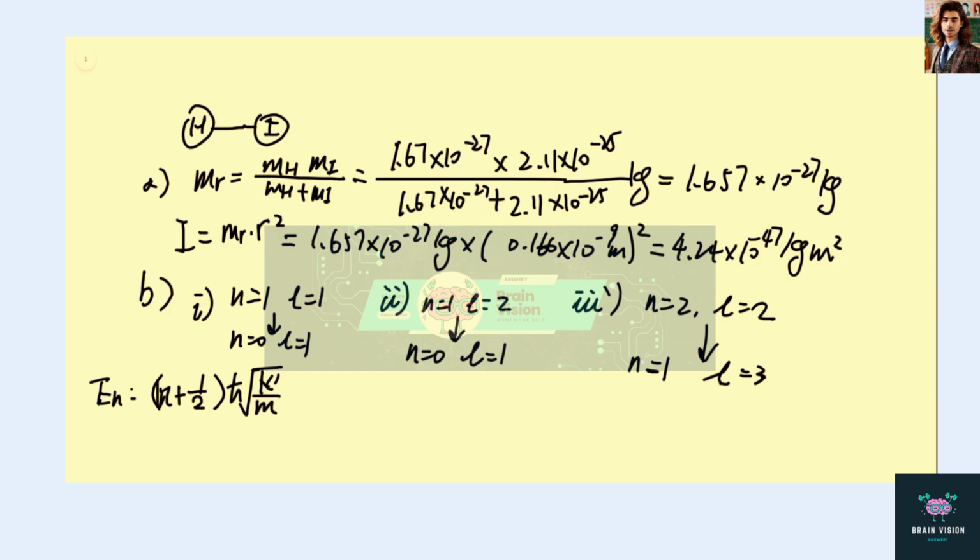Here we do not know what that is, but the square root of k prime over m is just omega. So it might be more helpful to write it as h bar omega.